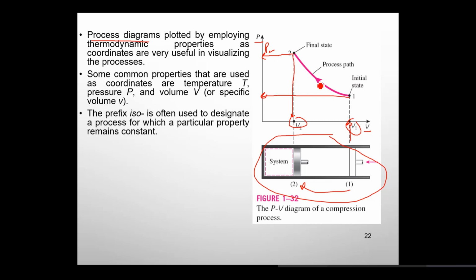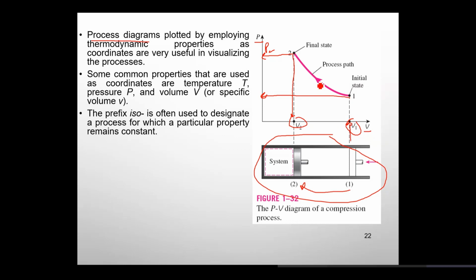Now, there are certain terms that you should be familiar with. You are already familiar with them. These terms basically represent the kind of interaction your system is having with the surroundings. As I mentioned, to identify a process, you should be aware of the initial and the final states, the path that has been taken, and the third thing you should be familiar with is the interaction with the surroundings. One interaction could be isothermal.